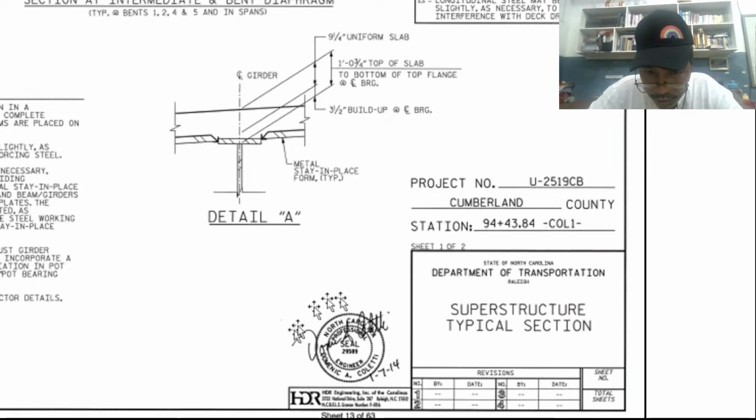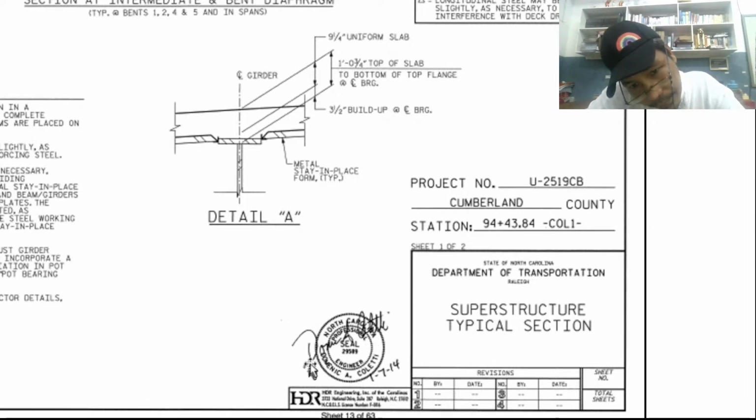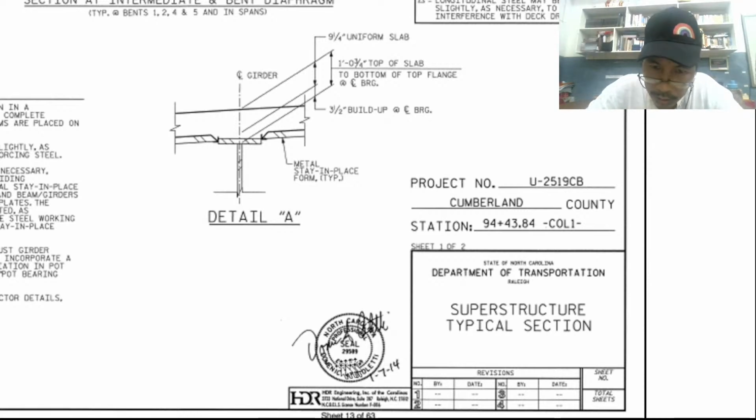So this is the sign and seal of the engineer. The sign and seal of the engineer. Here is what? Dominic A. Coletti. So that is his name. Dominic A. Coletti. North Carolina. Professional engineer.